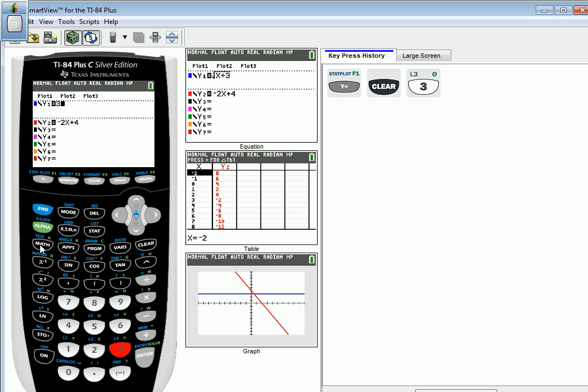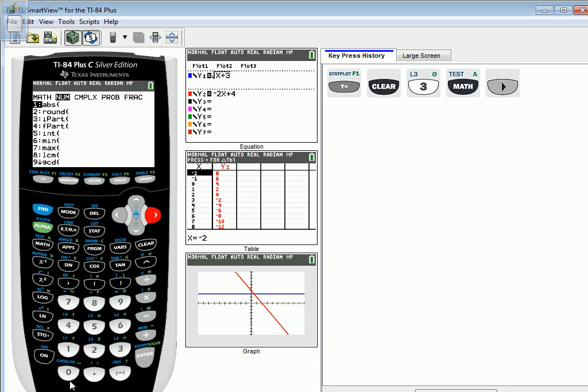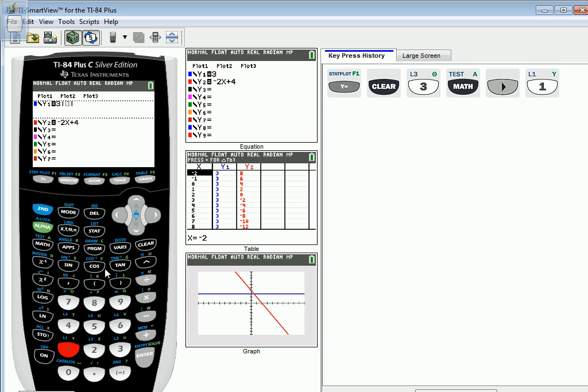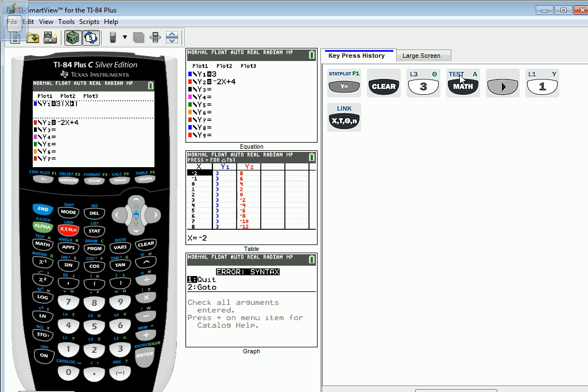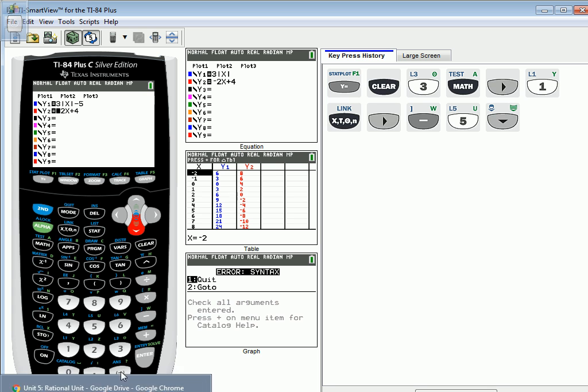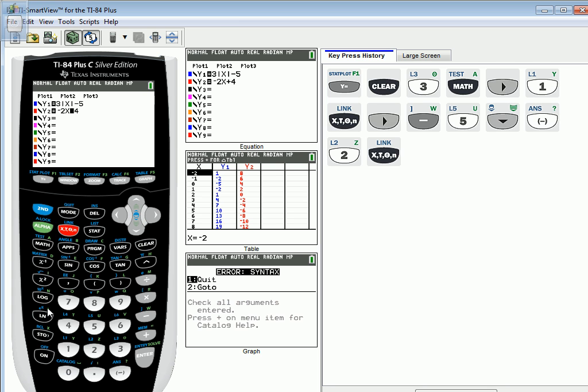So what we're going to hit is the math button, arrow over to number, and absolute value is choice 1. So math, arrow over number, choice 1. Okay, so that, 3x, and then it was minus 5. And then my second equation was negative 2x squared.